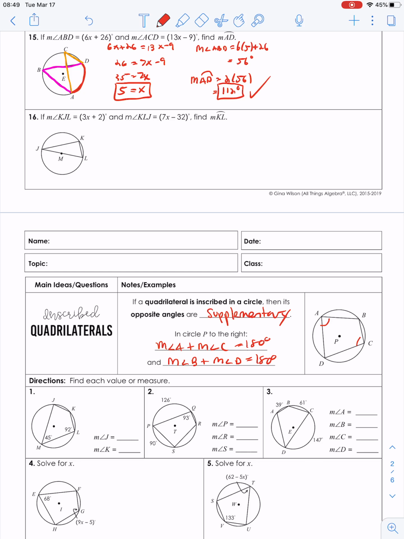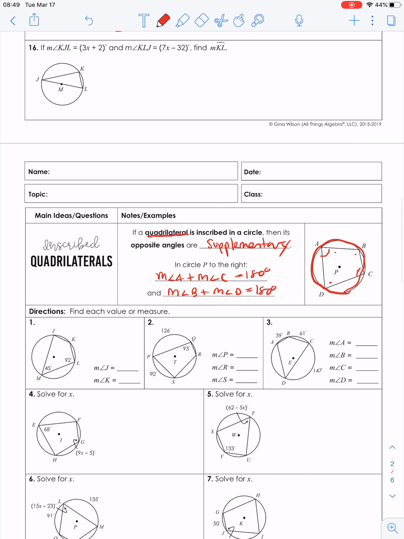The reason we know that is because if a quadrilateral, a shape with 4 sides, is inscribed in a circle, then its opposite angles, so this and this, are supplementary. Meaning these two angles add to 180, and these two add to 180.